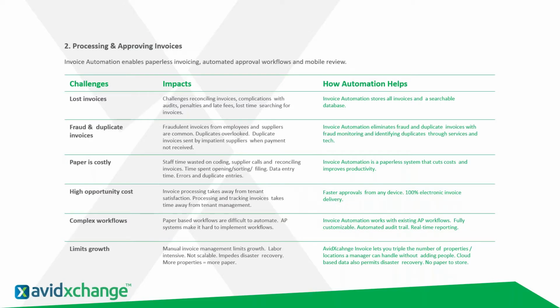Invoices are probably one of the largest issues my clients have when they first look at this. It's really the most top of mind. There are so many manual touch points to receiving and approving invoices. Some of the challenges here are lost invoices, and here is how automation helps.